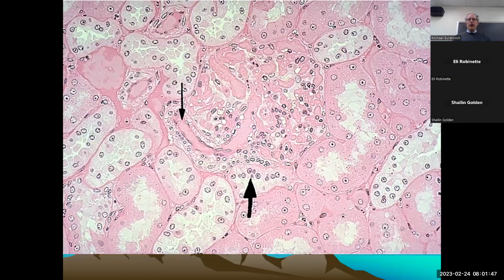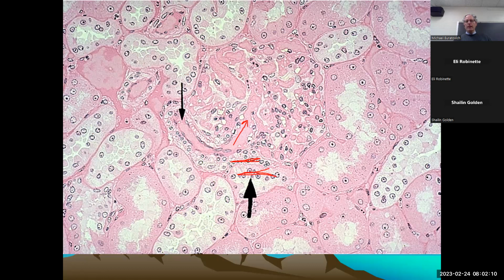Renin, as we saw, and this is essentially those same cells here. You can see how tall these cells are relative to these other cells here. Here are the mesangial cells, and you can see that the blood vessels are really close by. Here are the blood vessels feeding into the glomerulus.